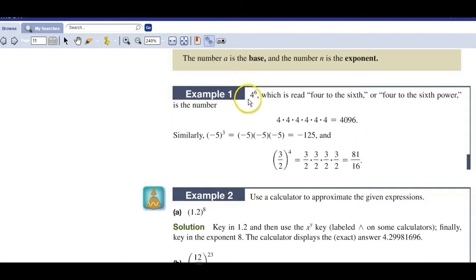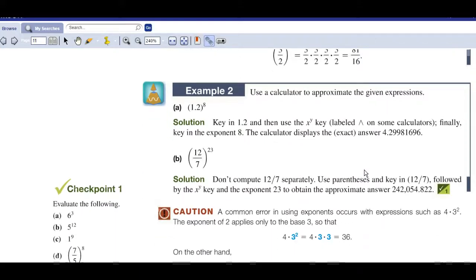They're saying 4 to the 6th power, which means this. And similarly, in parentheses now, because this indicates your base, it's a negative 5. It means this. And again, this fraction to the 4th power indicates that.